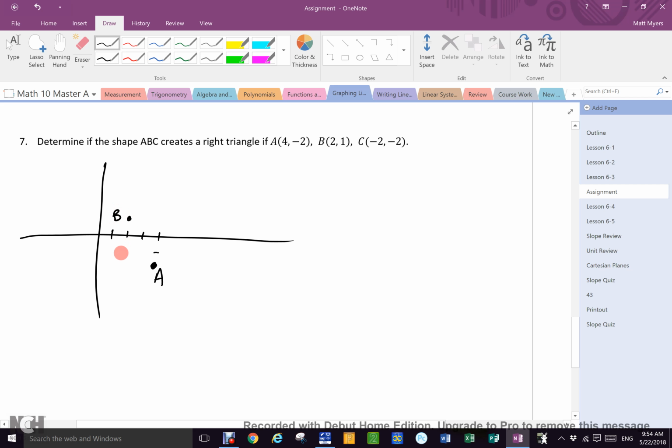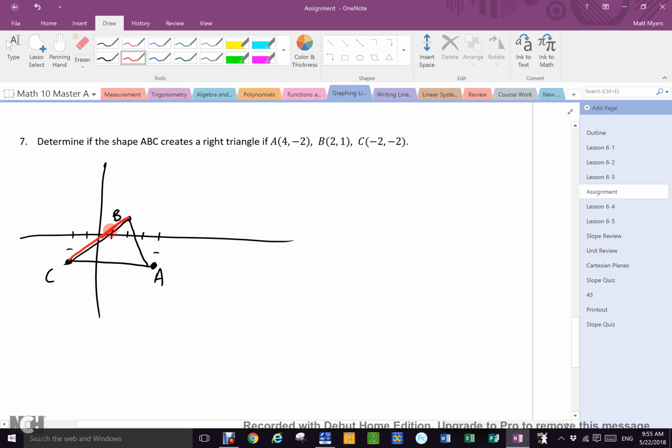There's B. Where is negative 2, negative 2? There's C. What is the only possible 90 degree angle? Just say the letter. B is the only possible 90 degree angle, right?